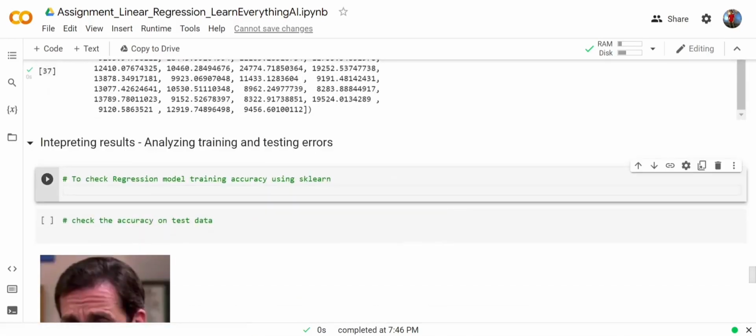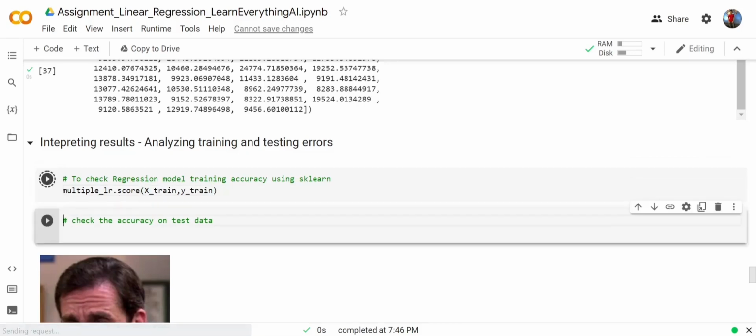So we'll interpret the results by again analyzing the training and testing errors. And we'll do that on the training data first.